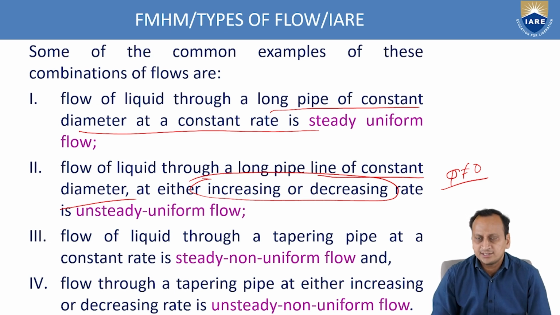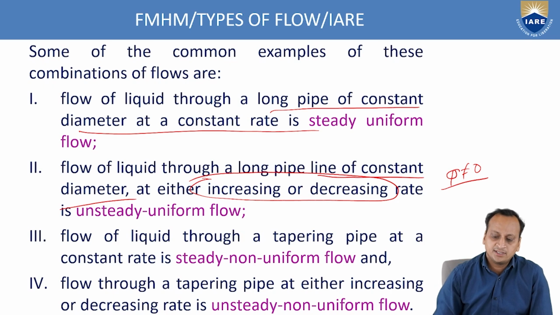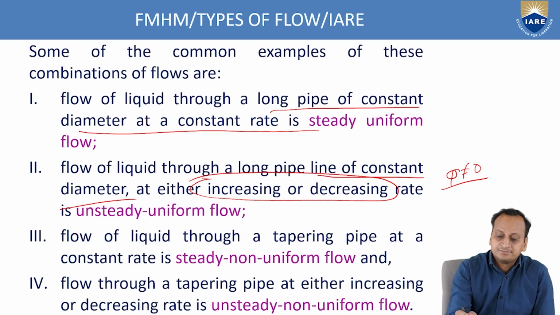So in that case, it becomes unsteady and uniform. Uniform means where the diameter of the pipe is constant. As the pipe is constant, but the rate of flow is varying, therefore the fluid characteristics are varying, so it becomes unsteady. Unsteady due to increasing or decreasing rate of flow, and uniform because of constant diameter of the pipe.